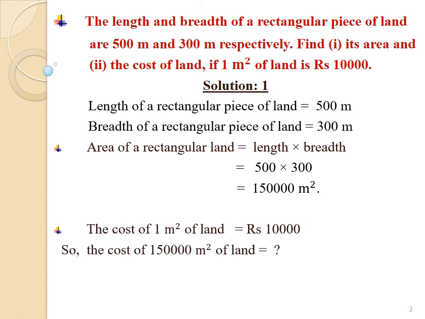By cross multiplying, we get 1,50,000 multiplied by 10,000 upon 1. Now multiplying 15 by 1 and placing total number of zeros in the product, we get 150 crore upon 1. Thus, the cost of land is rupees 150 crores.